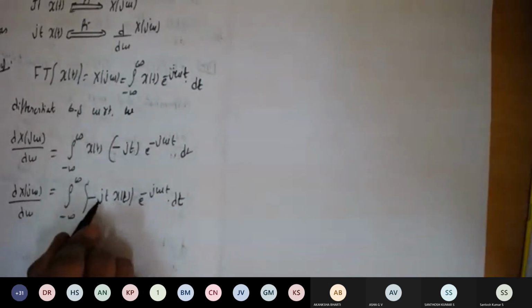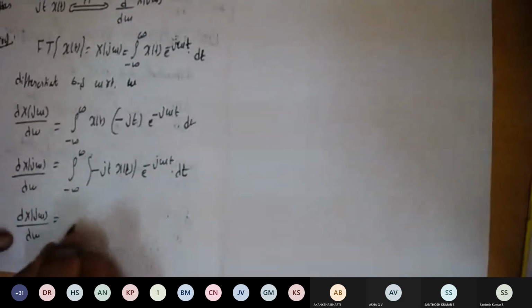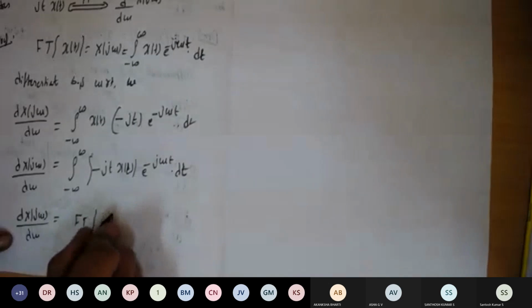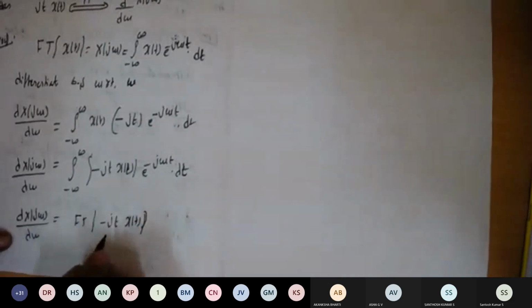Here minus j t into x of t is the input, and the corresponding Fourier transform is equal to this one. So dX of j omega divided by d omega is nothing but the Fourier transform of minus j into t into x of t.